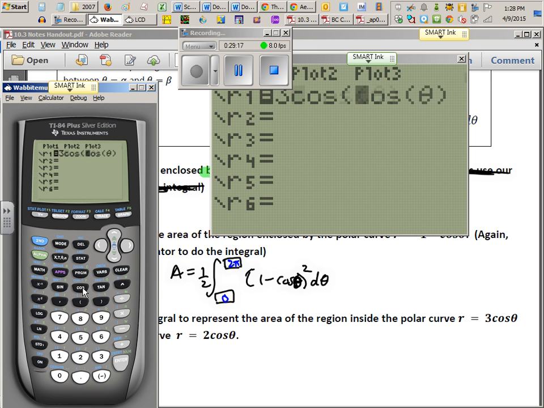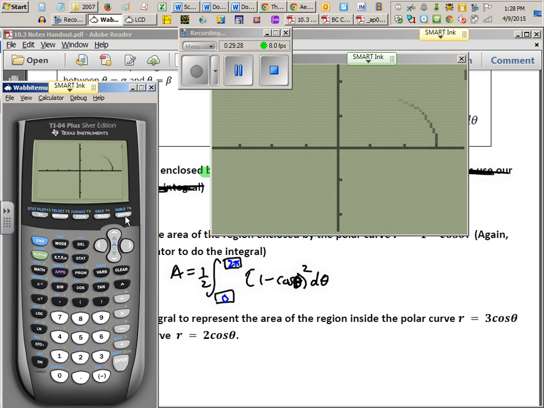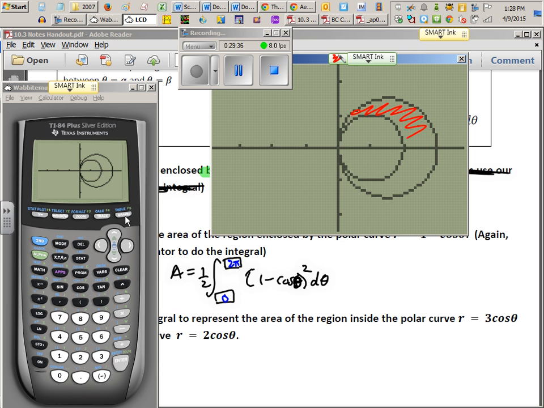So let's do 3 cos theta, see what that thing looks like, and let's do 2 cos theta, and let's graph it. I think what they want us to do is find this area in here, this little crescent moon thing.